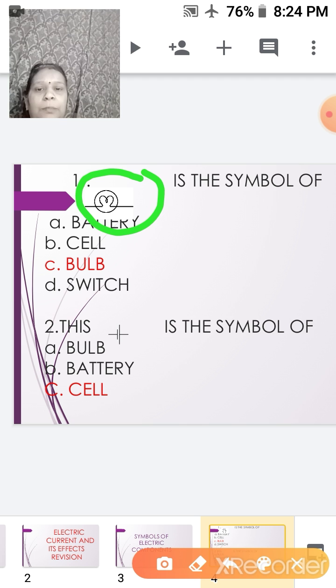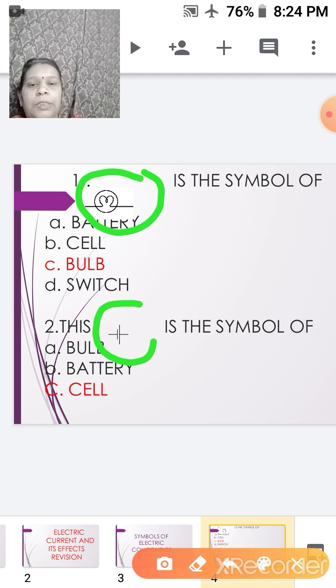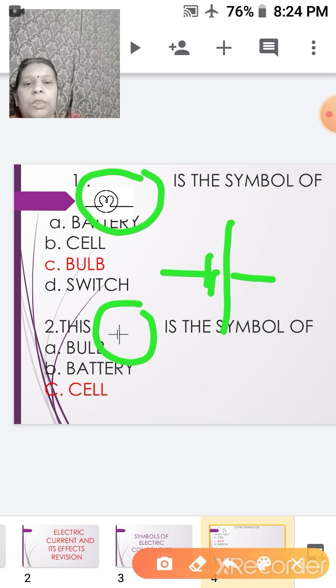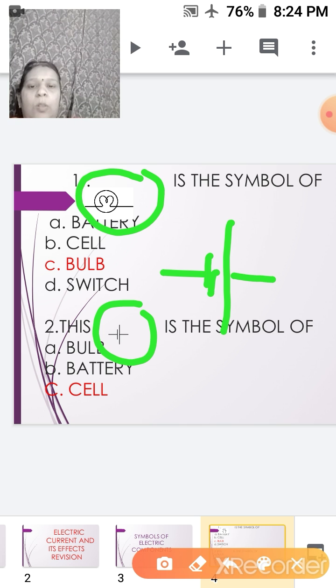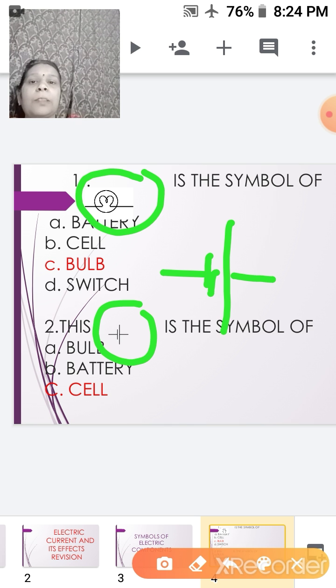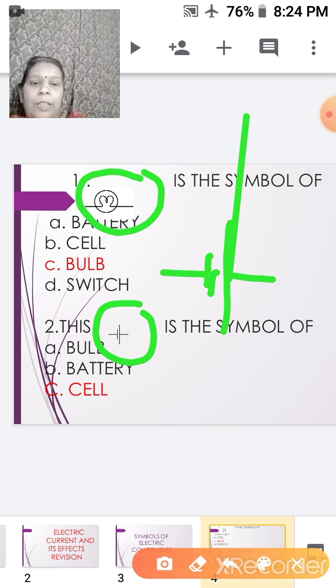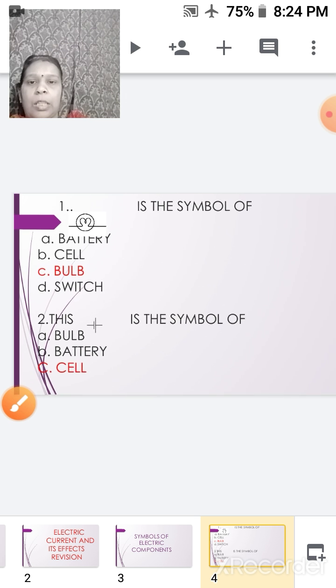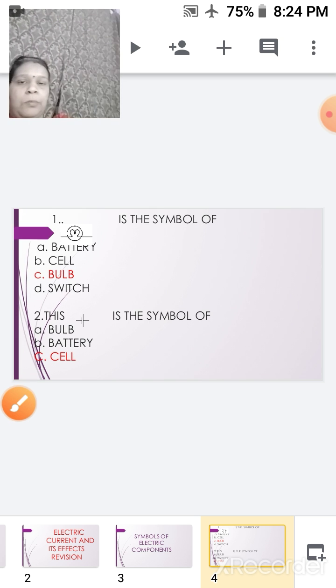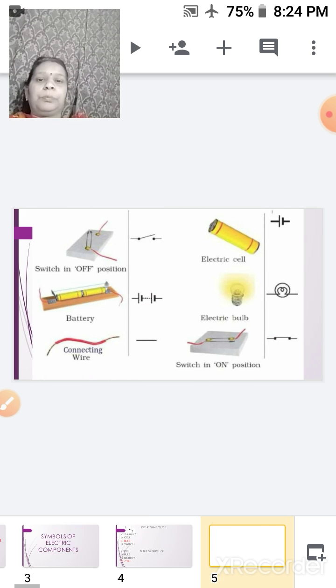The second one, this is the symbol, with a small line and a big line. Is it the symbol of a bulb, battery or a cell? Here your answer is cell. So children, I hope you got an idea. This is how the questions can be framed for your symbols.